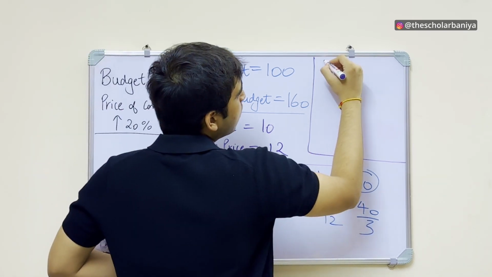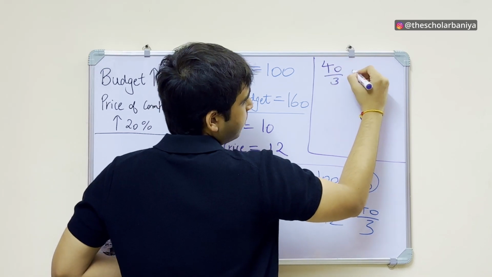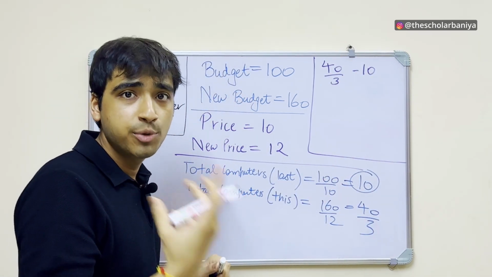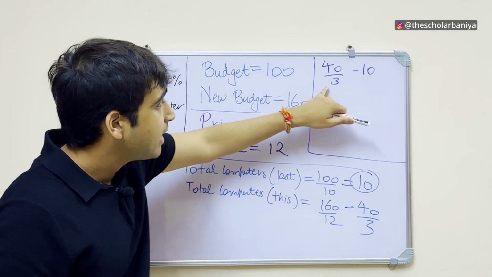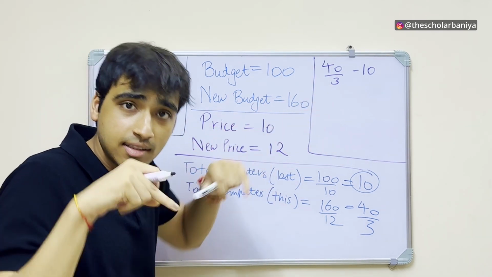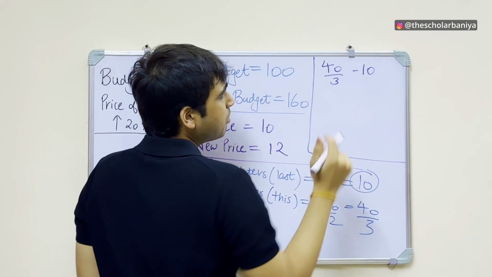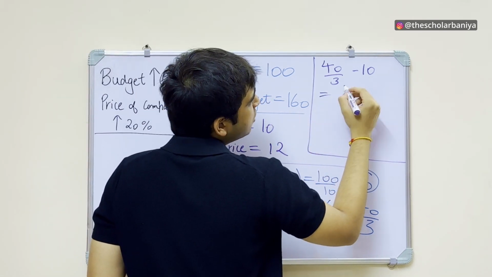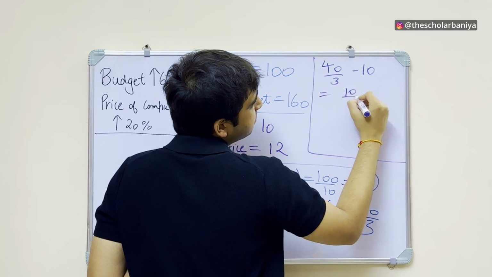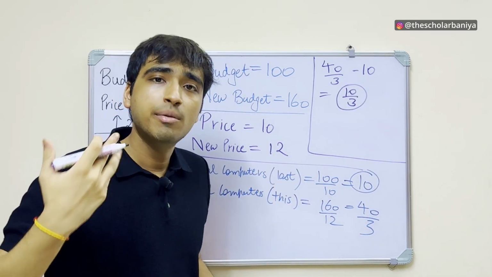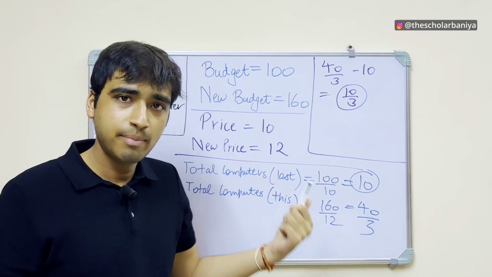The difference will be 40 upon 3 minus 10. So this is a difference of the number of computers. That means this many more computers can be bought this year as compared to last year, right? I hope this is very simple. So this comes out to be 10 by 3. This means that 10 by 3 more computers can be bought this year as compared to last year.